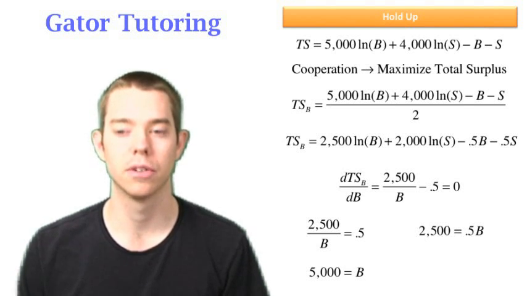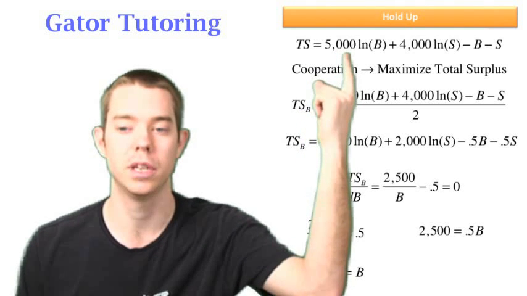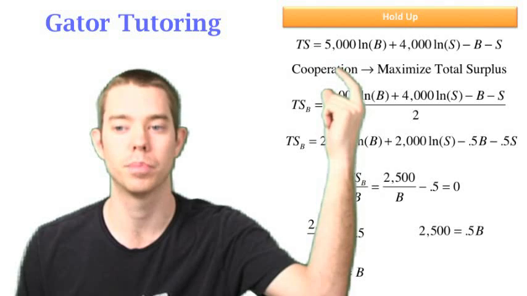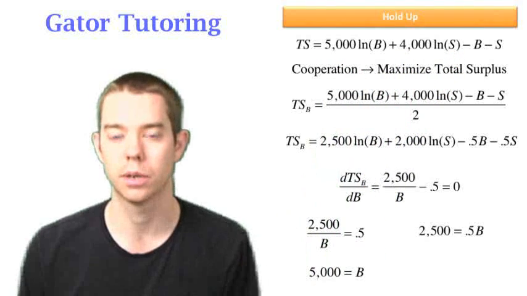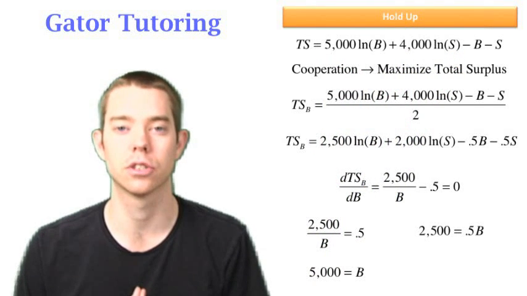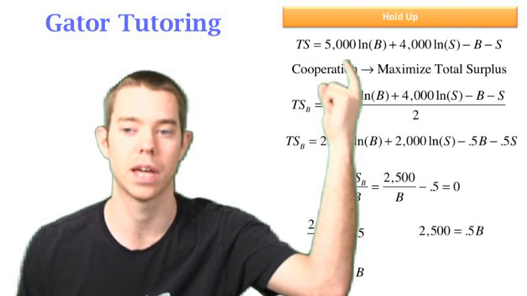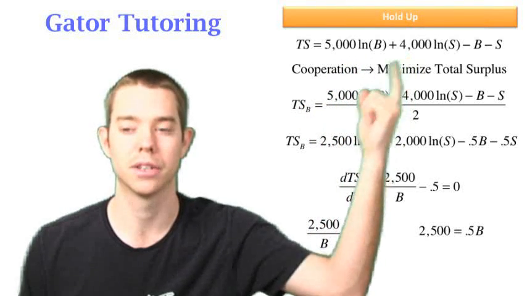Now notice, this works out nice. If we would have taken the derivative from here with respect to B, we would have gotten 5,000 over B minus 1 equals 0, and we could very easily solve for B to be equal to 5,000. So that wasn't an accident that it was equal to that number. Likewise, we know that S is going to be equal to that number.